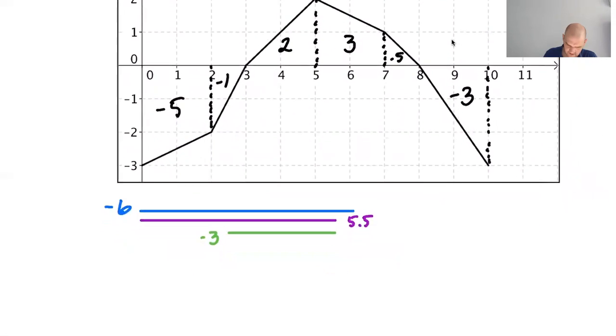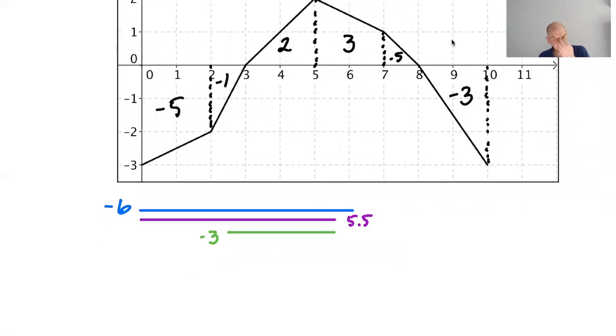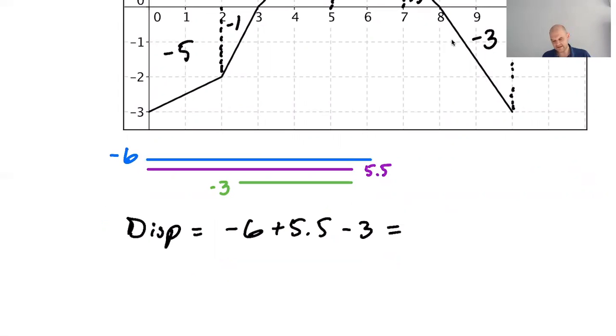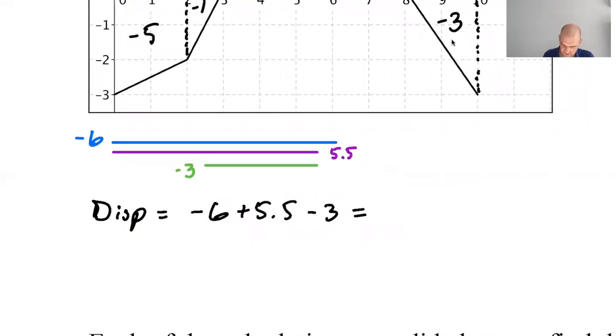It's weird because I started at 6 and I went back towards 0. I made it overly complicated, basically. All we need to do is add these up. So our displacement is negative 6 plus 5.5 minus 3. That's negative 9 plus 5 is negative 4, plus 0.5 is negative 3.5.